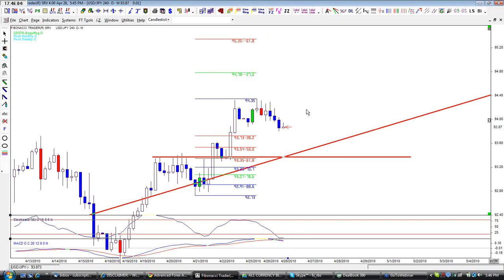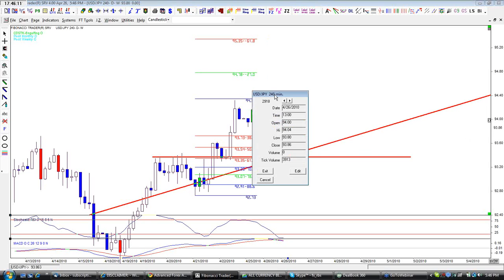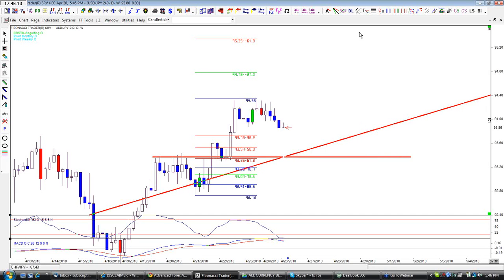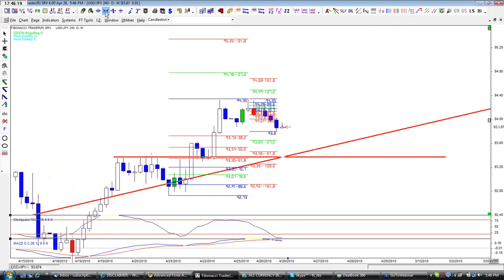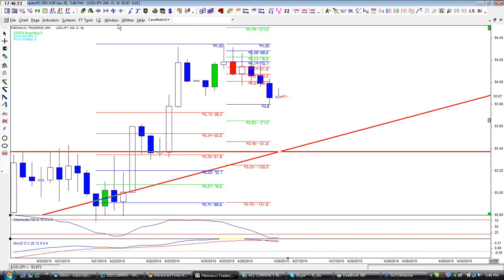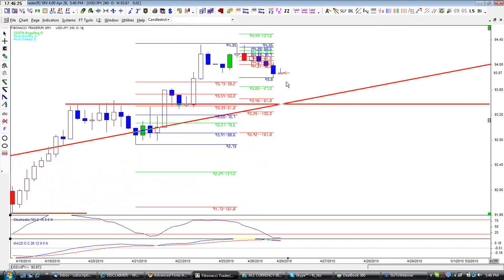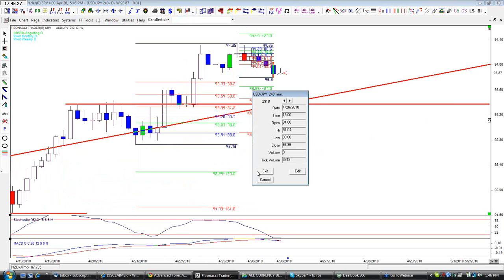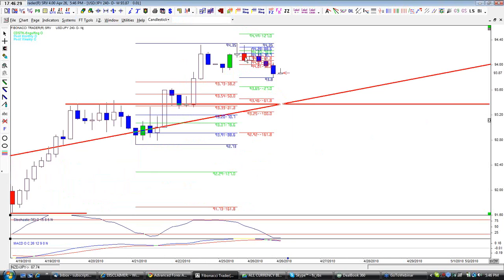Well, in order for us to find a bullish pattern, we need to form a low so we can pull a sub fib going down, and let's say hypothetically that this candle forms a low and we can pull the fib.